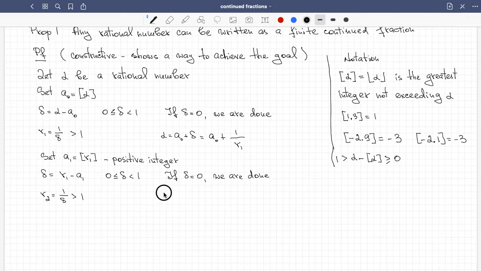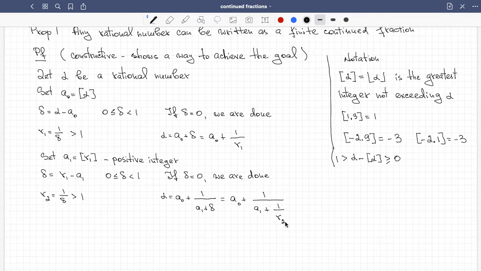Indeed, alpha is A naught plus 1 over R1, but R1 is A1 plus delta, this new delta. And this is same thing as A0 plus 1 over A1 plus 1 over second remainder R2.